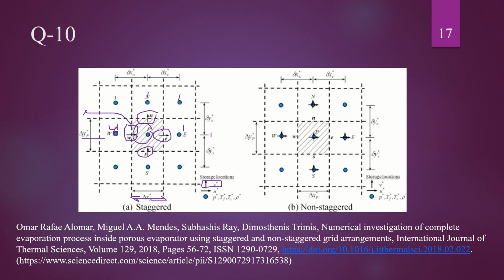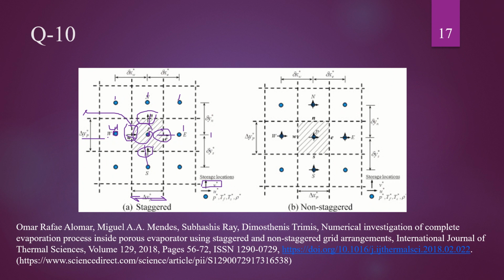If we know the value of pressure at these points, then it would not form checkerboard oscillations. Thereby we can use this location for x velocity calculation and this location for y velocity calculation, and storage of those values, and the cell center would be used to store scalars, that is P.